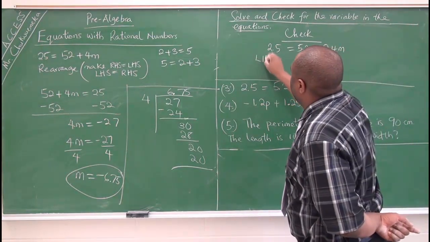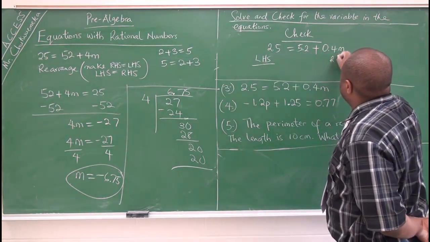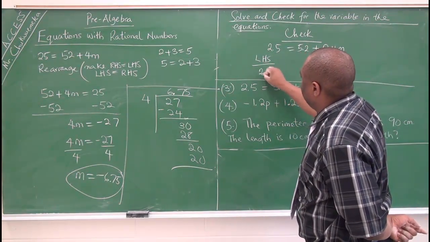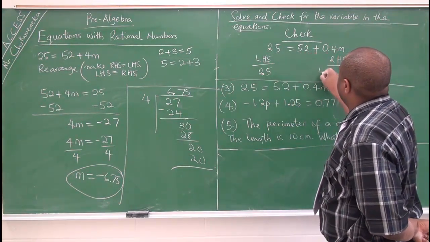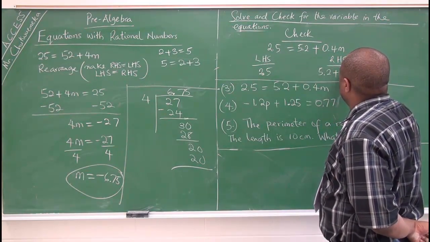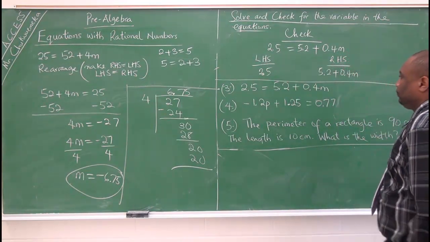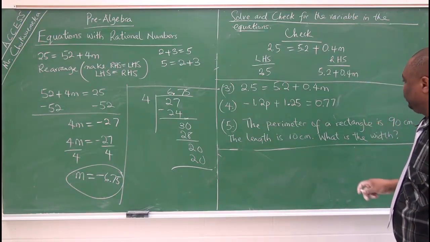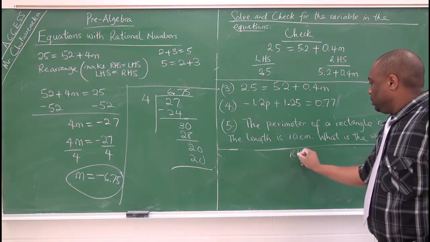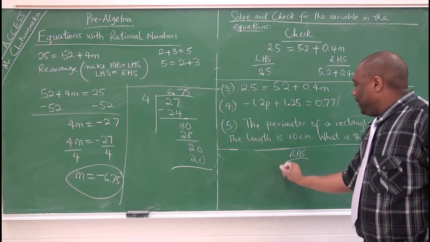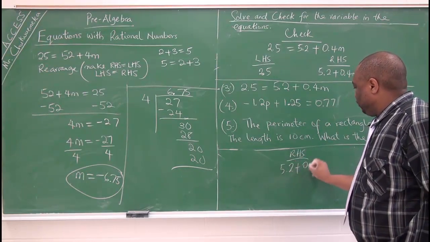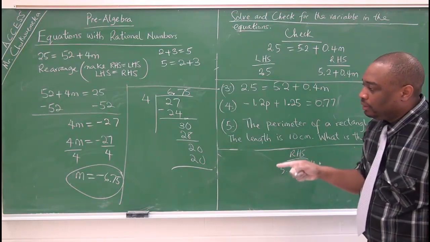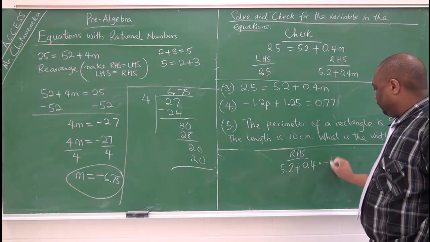Then we write our left-hand side and our right-hand side. Our left-hand side is 2.5. And our right-hand side is 5.2 plus 0.4 times m. So we will focus on our right-hand side. We now have 5.2 plus 0.4, then we substitute negative 6.75 for m.